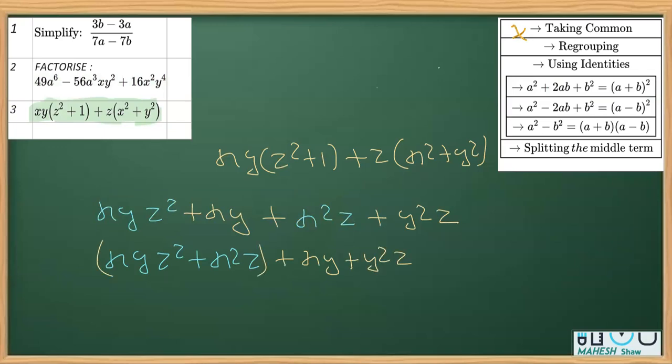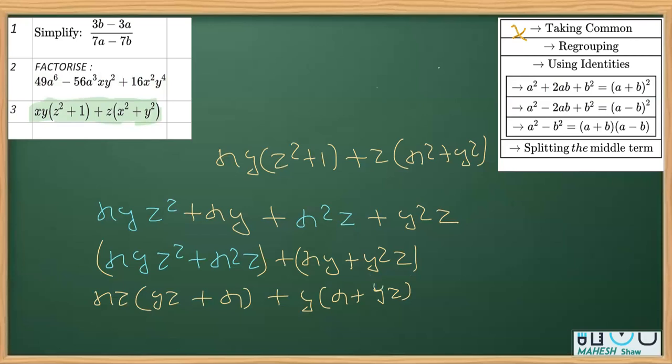You may use brackets also for this. Now I can see that from the first two terms, we have x and z common. Dividing this by xz, we'll be left with y and z in one term. Dividing the other with xz, we'll be left with x. Now from the last two terms, I can see y is common. So if I take y common, we get x, and dividing the other term with y, we get yz.